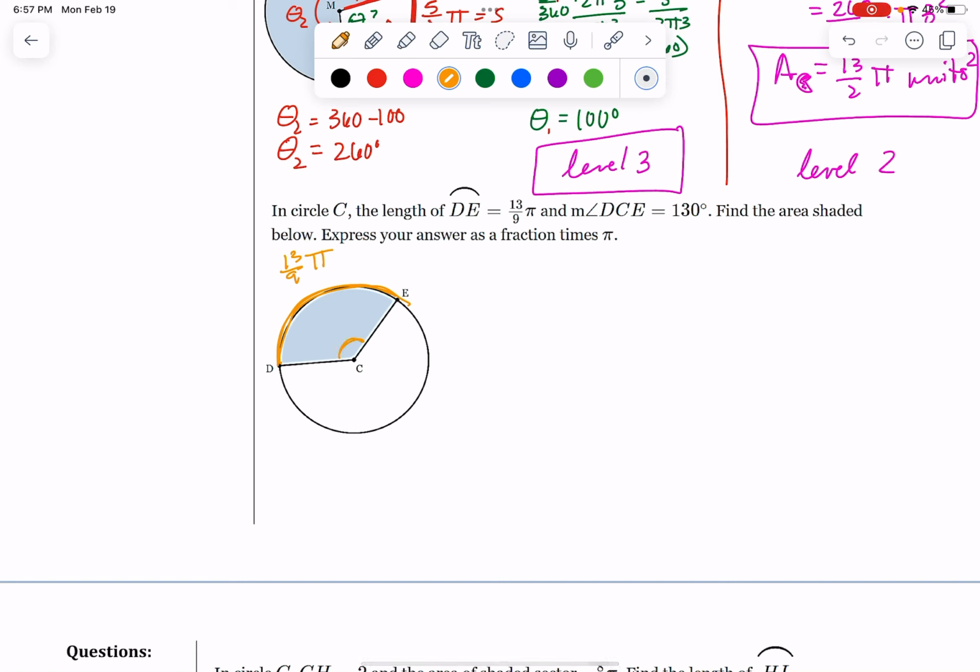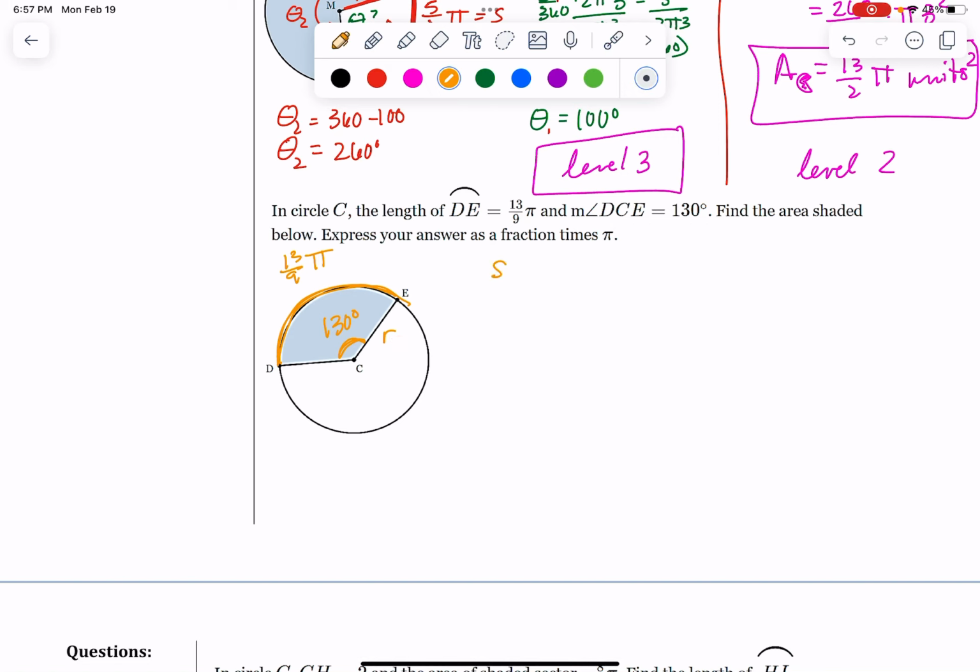Angle DCE is 130 degrees. And I don't know the r. The radius is what I'm looking for. So because I'm given the arc length, I have to use the arc length formula to find the radius, and then I can use the radius to find the area.